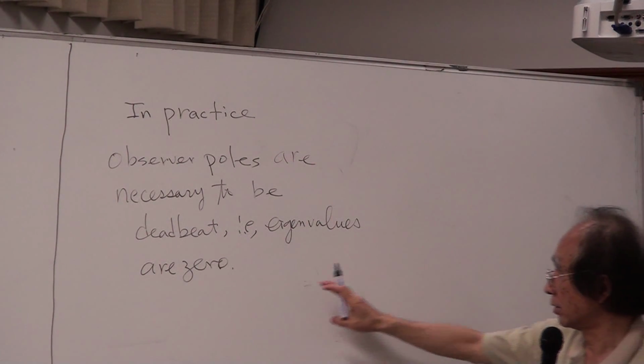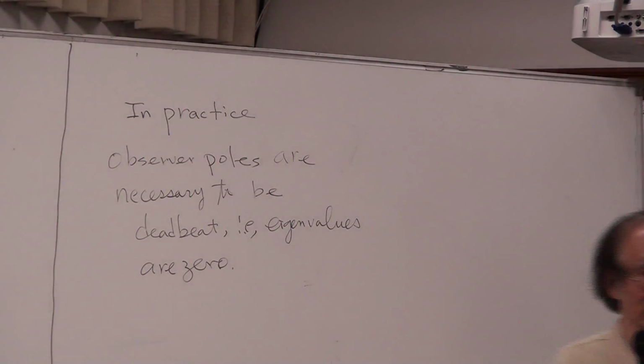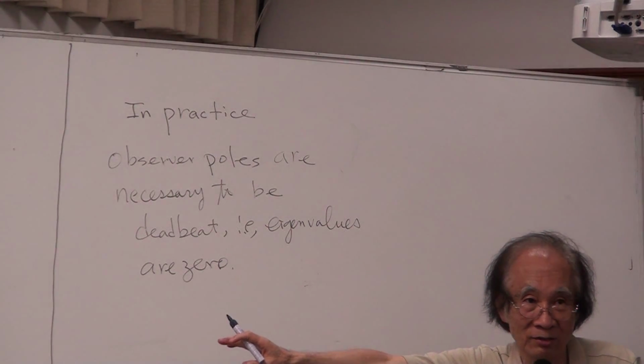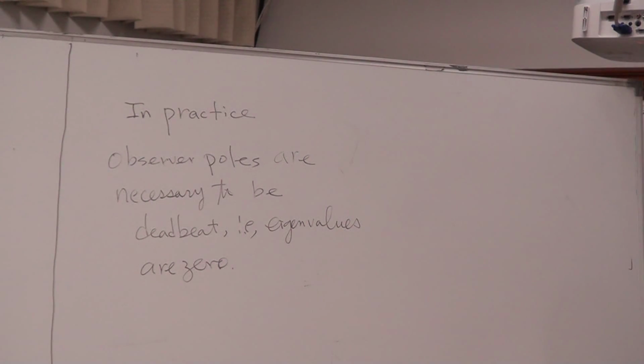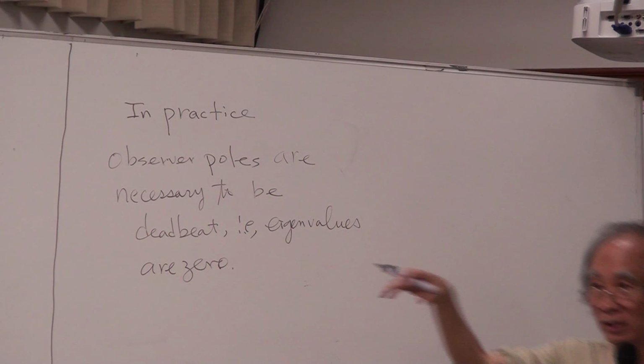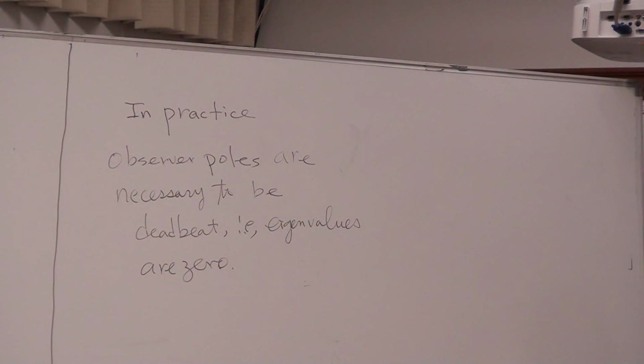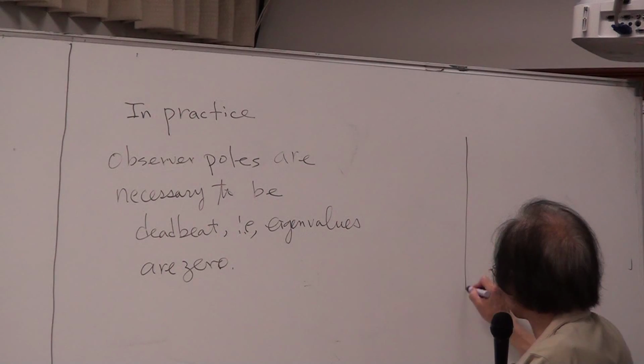Now, of course, the zero eigenvalue, what does that mean? You understand what that means? If the poles are zero eigenvalues, if my state and my closed-loop poles are all at zero, what does that mean? That means my damping is very fast, right? What do you mean by the pole in the unit circle here?